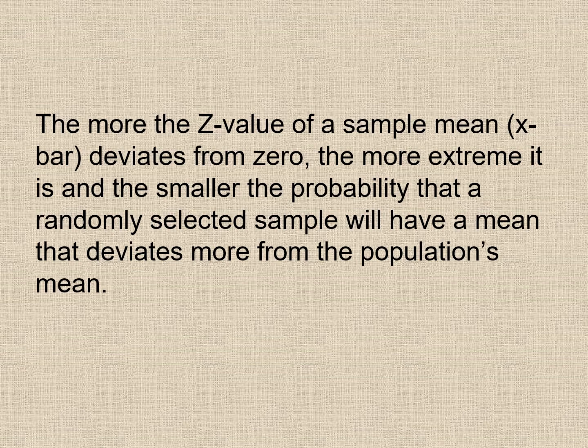And the more extreme the value is, the more extreme the sample mean is, the lower is the probability of receiving another value, another sample mean that deviates even more from the population mean than this value does. So similarly as before, the z-value could be seen as a measurement of extremeness. The more extreme a value is, the more the z-score will deviate from 0.